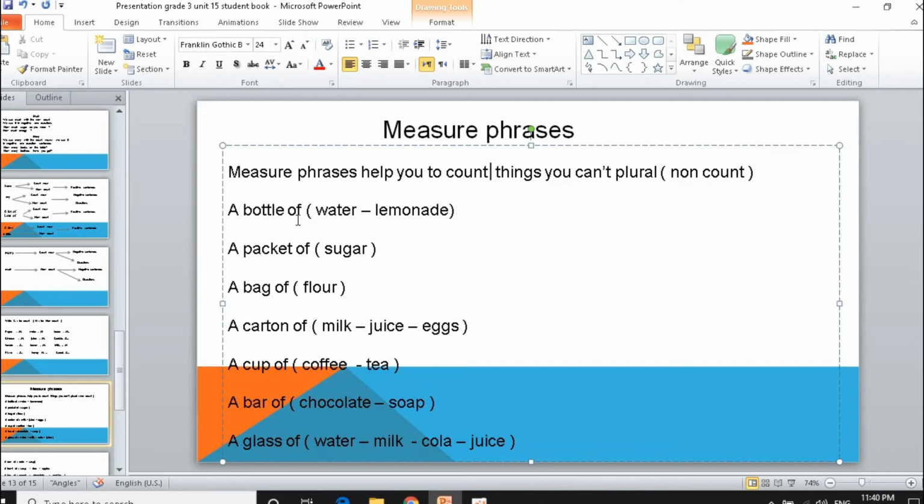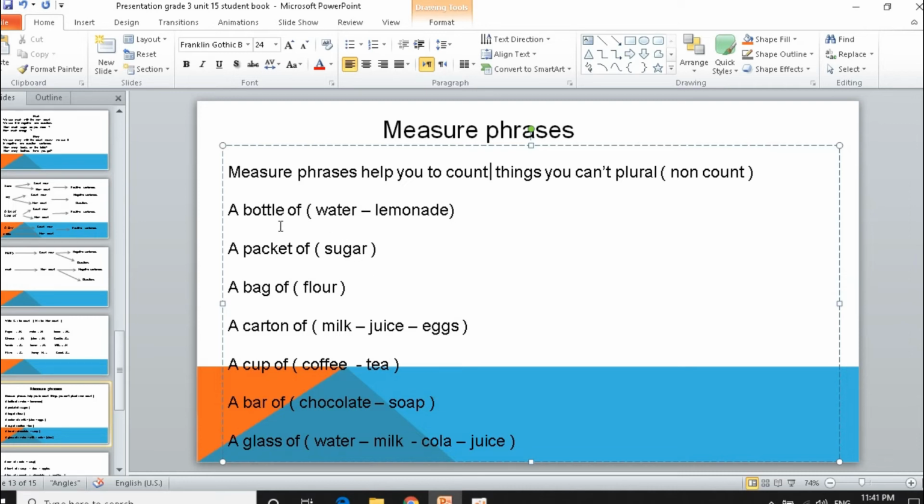A bottle of water, a bottle of lemonade, a packet of sugar, a bag of flour, a carton of milk, juice, eggs, a cup of coffee, a cup of tea, a bar of chocolate, a bar of soap, a glass of water, a glass of milk, a glass of cola, a glass of juice.